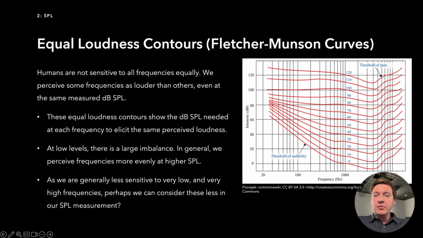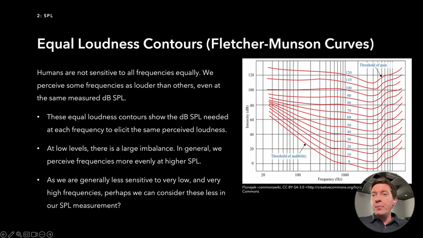But what you'll notice from this graph is that it varies significantly with intensity. So the louder the sound, the flatter our perception gets. At the very lowest level, if we look at the lowest line on this graph, the 0 phon line, which you can see right down at the bottom, down at around 30 hertz, you'd need over 60 dB of intensity before we even become sensitive to that frequency being present in a room.